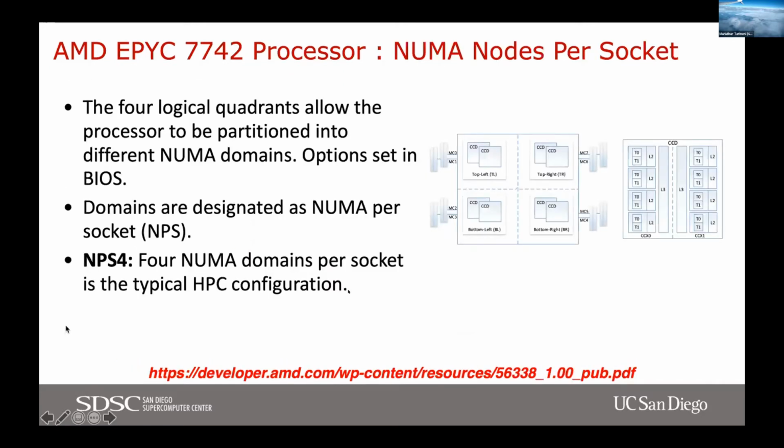So as I mentioned, you can split this up into logical quadrants. So you can have different NUMA domains. On Expanse, we run with NPS4, which is 4 NUMA domains per socket. So you end up with 8 NUMA domains on a node.